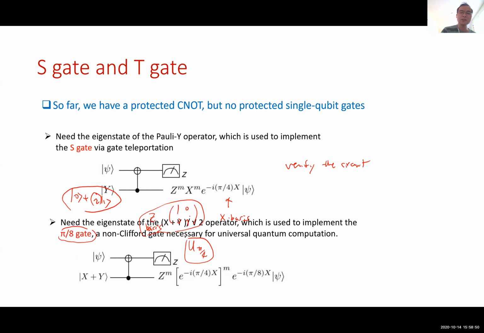Unfortunately, that's the notation. This is really the H state, the eigenstate of this operator. And this circuit says how you do that, because we have a protected CNOT, so this part is clean. And we can distill a non-Clifford gate. Okay.